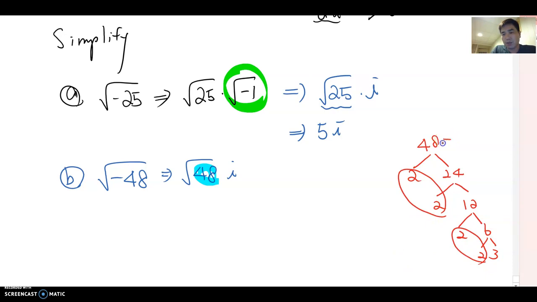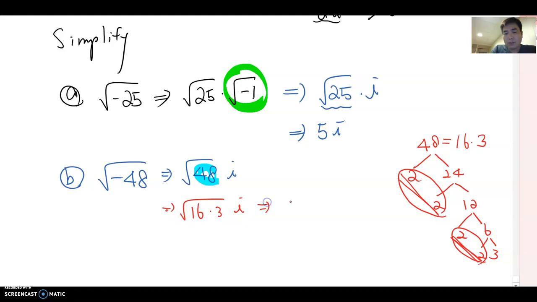So now we can rewrite this as 16 times 3 actually, right? This is 1 pair, 2 times 2 is 4, another pair, so 4. So 4 times 4 becomes 16. So we know this means root 16 times 3 times i. Root 16 means 4, right?